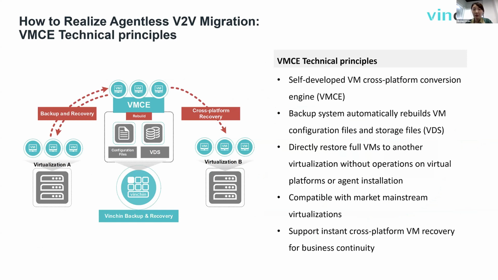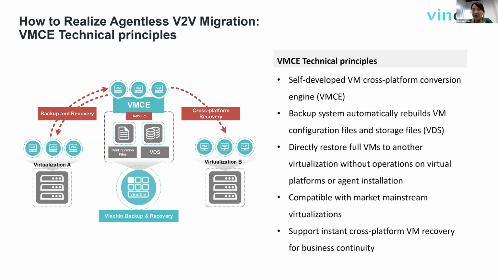The basic technical principle is that when migrating virtual machines from one platform to another, the Vinchin backup system will automatically rebuild and transform the virtual machine configuration files and storage files to adjust to the target platform, then complete the whole data migration process automatically. Besides, we also support automatic powering on of the migrated virtual machines, allowing for immediate use of the virtual machines after the migration.